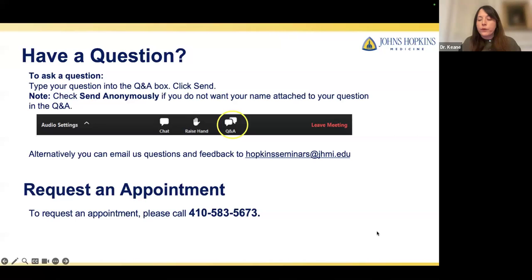Next question, does Hopkins only assist with revision or further care following weight gain where the ESG procedure was done at Hopkins? Or is there assistance and possibilities if my original surgery was performed elsewhere? Absolutely. Look, we will happily see you after your ESG, even if that's been done elsewhere.